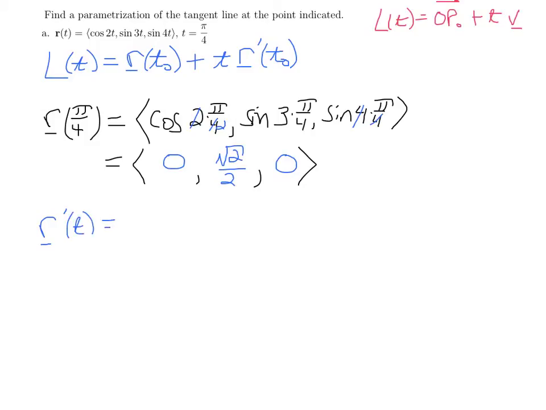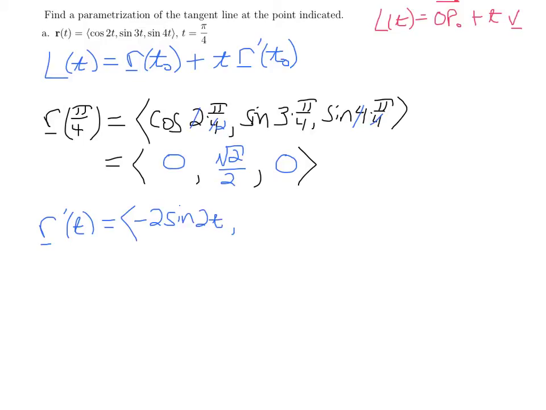And so now I need r prime of t. So I'll compute that first, because I'm going to need a chain rule. Not the vector chain rule. I'm going to need a chain rule component-wise. Because remember, when we take the derivative of a vector valued function, we take the derivative of each of the components. So let's go ahead and do that. So using the chain rule, the derivative of cosine 2t is minus 2 sine of 2t, comma.